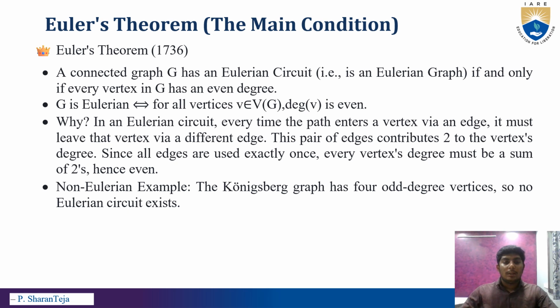Because in an Eulerian circuit, every time you enter a vertex through one edge, you must leave through another. That means edges always come in pairs, making the degree even. In the Konigsberg graph, 4 vertices have odd degrees, and that's why no Eulerian circuit could exist.